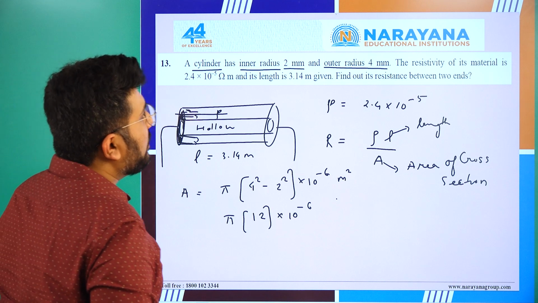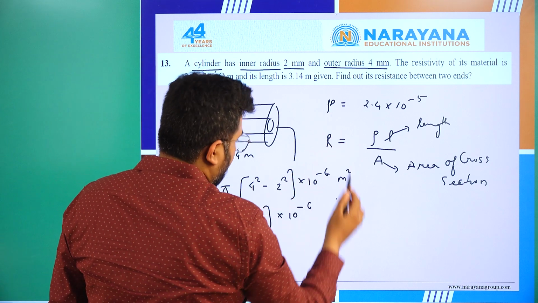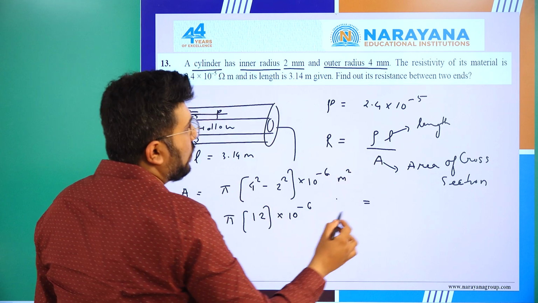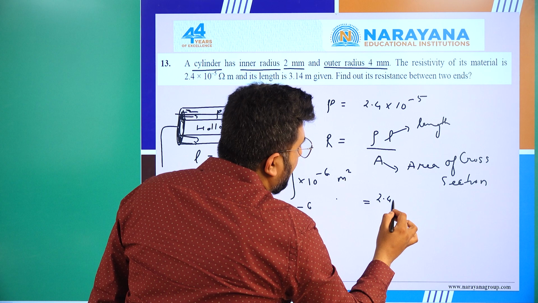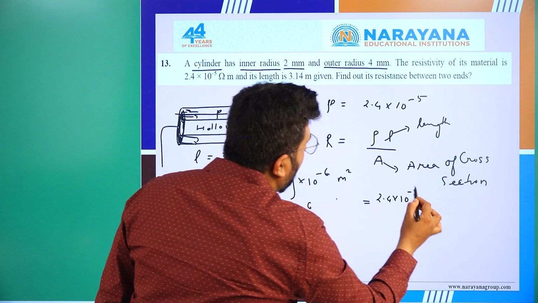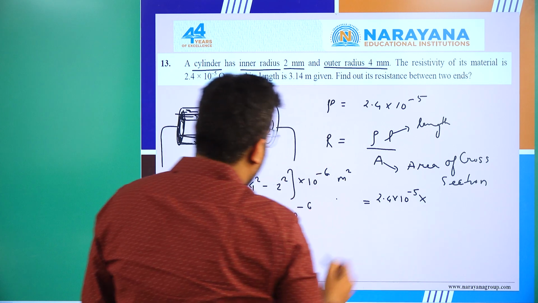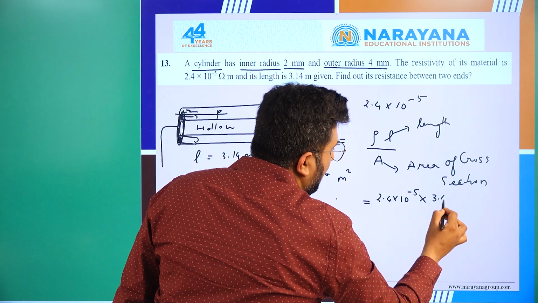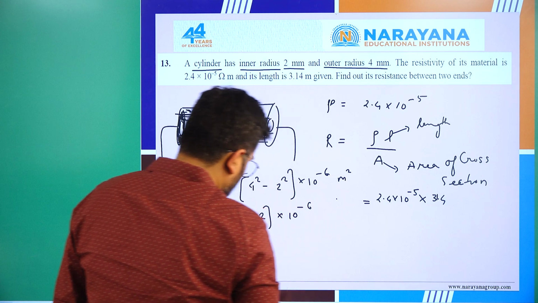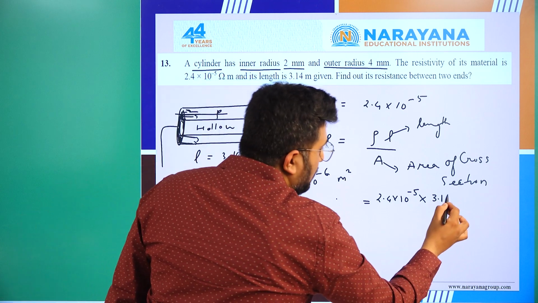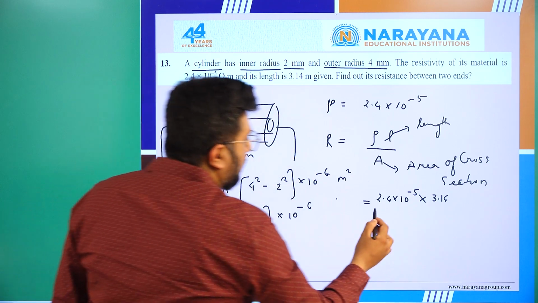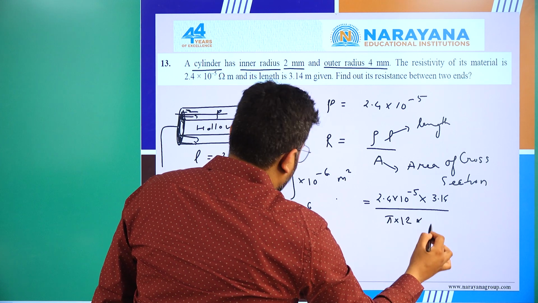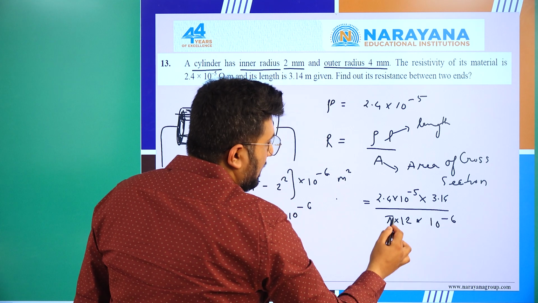Okay, so now what is the resistance? Rho is 2.4 into 10 raised to the power minus 5 multiplied by length. What is length? 3.14, which is also equal to pi, divided by pi into 12 into 10 raised to the power minus 6.